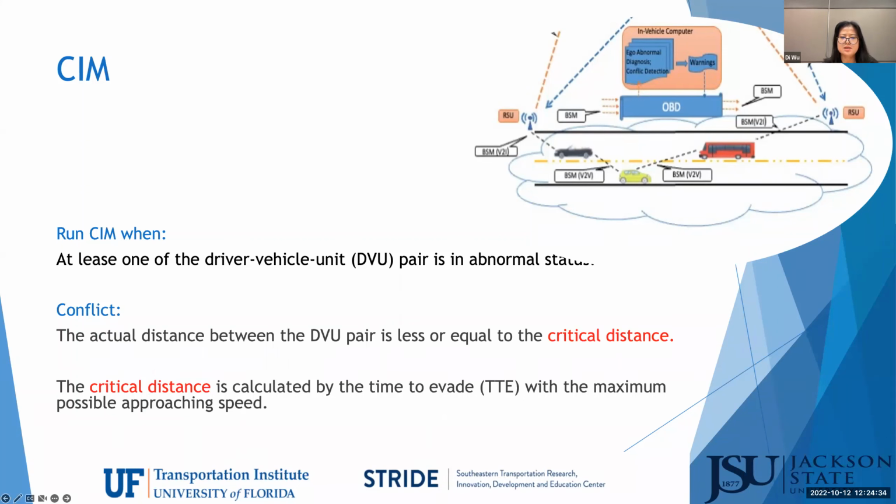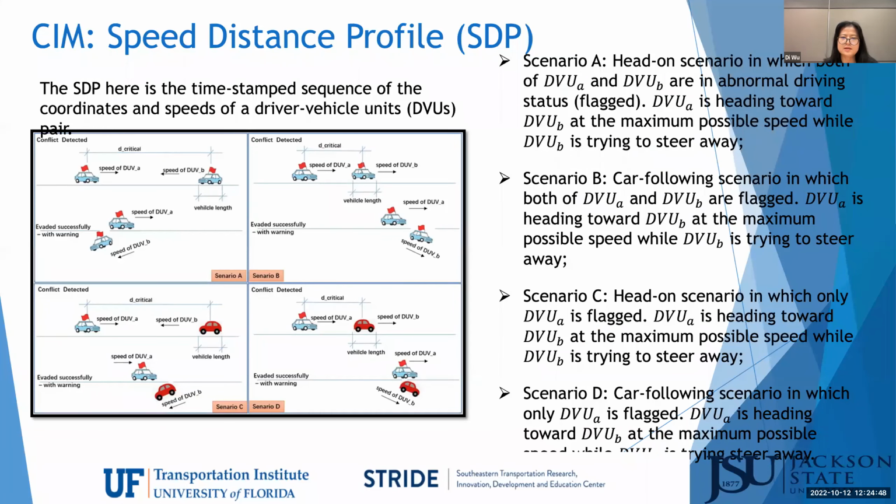The critical distance is calculated by the time to invade with the maximum possible approaching speed. We'll explain in the next slides.